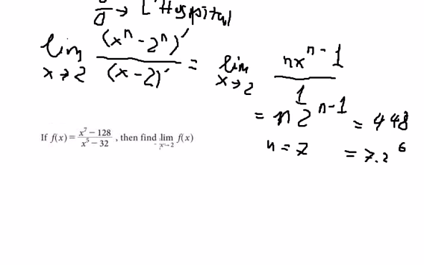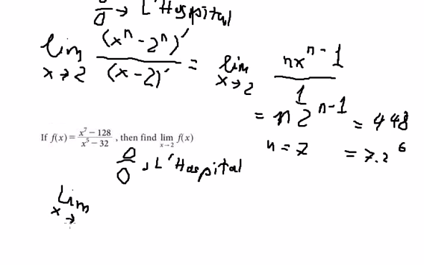Now let's do the next one. If we put 2 in here, you get 0 over 0. So we can use L'Hospital. So we get the limit as s approaches 2.